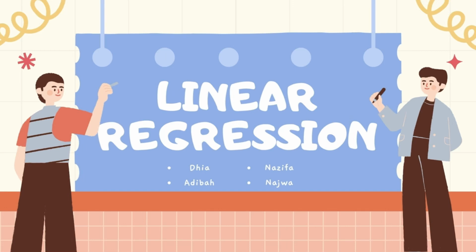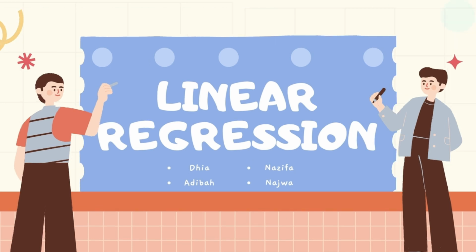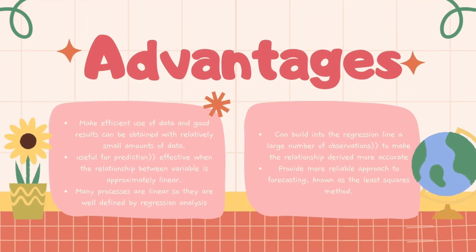So today I would like to talk about the advantages and disadvantages of linear regression. Linear regression offers several key advantages that make it a popular method in statistical analysis and machine learning. First, it makes efficient use of data, meaning good results can be obtained even with relatively small data sets.